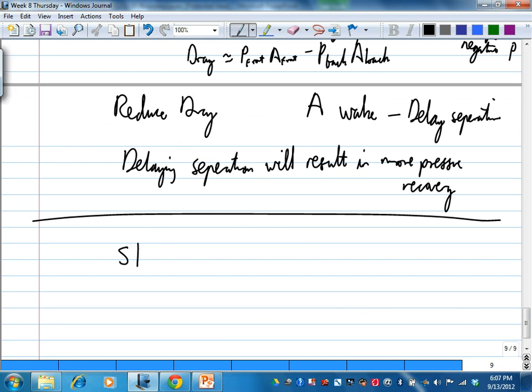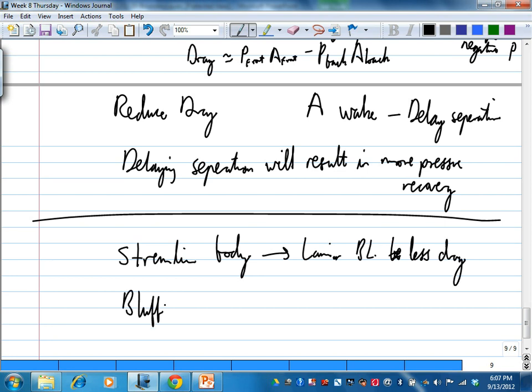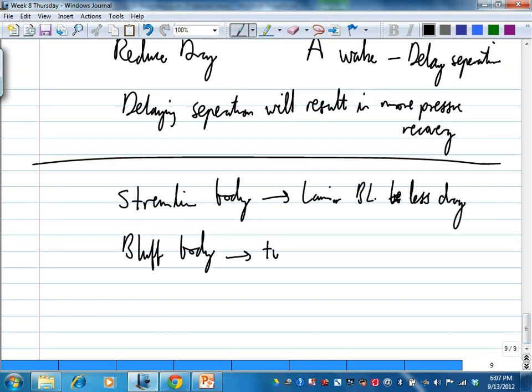Streamlined body, then obviously laminar boundary layer is better, less drag. But for a bluff body, with a turbulent boundary layer, although you expect the skin friction to increase, that's negligible.